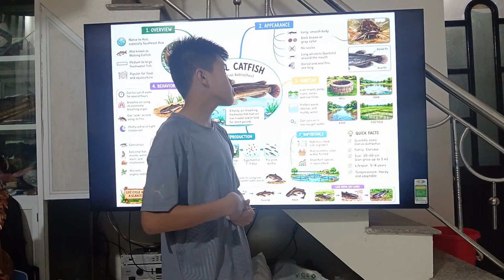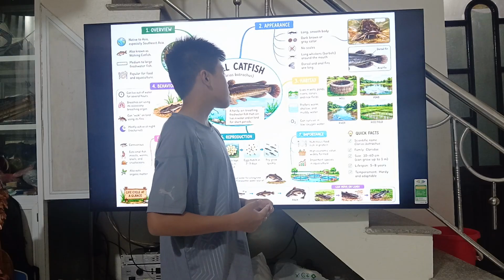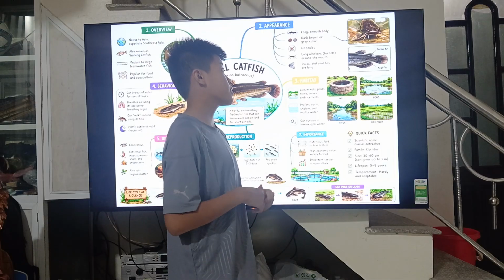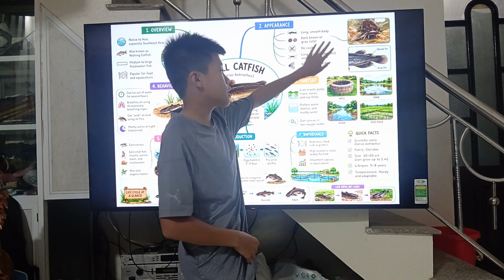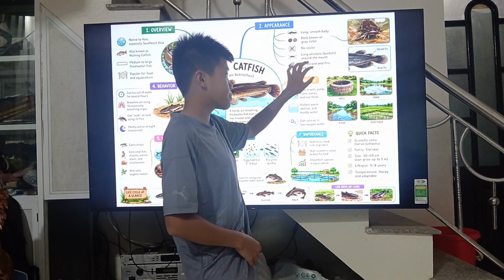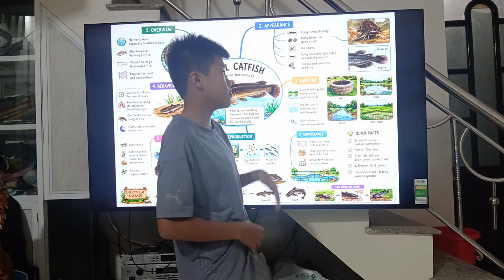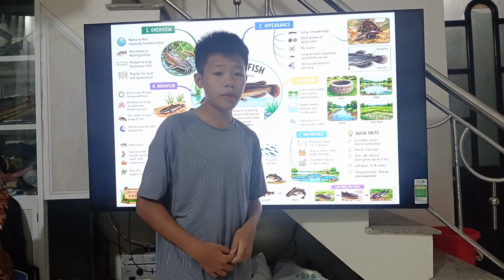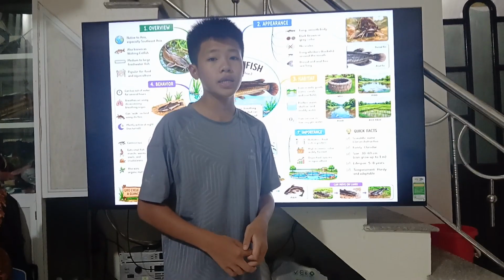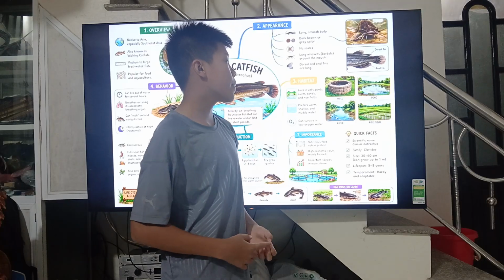They have no scales, because all catfish don't have scales. They have long whiskers like bottles around the mouth to find food, or to find the females or the males to make more babies.